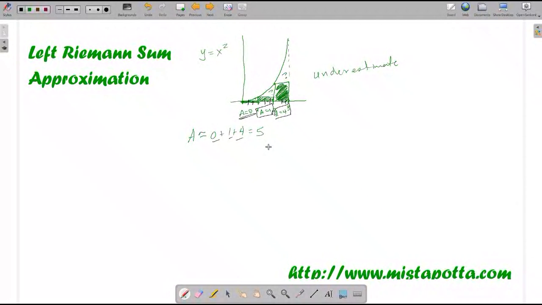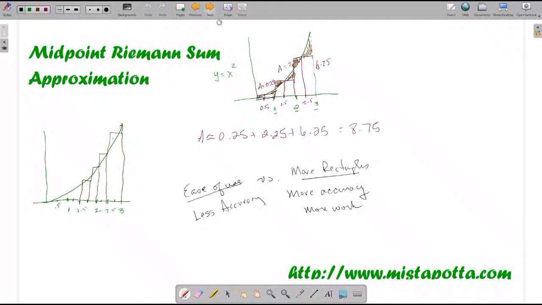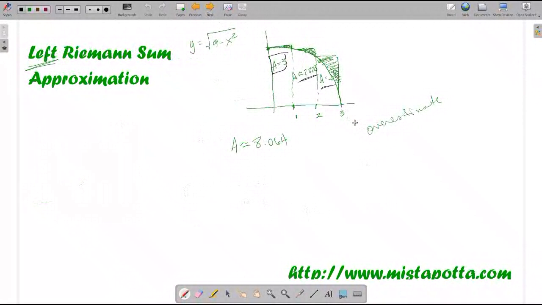And the other thing to consider is that in this case, my left Riemann sum was an underestimate, but in the case of 9 minus x squared, my left Riemann sum was an overestimate. So the thing is, it's not the case where a left Riemann sum is always going to be an underestimate or always going to be an overestimate.